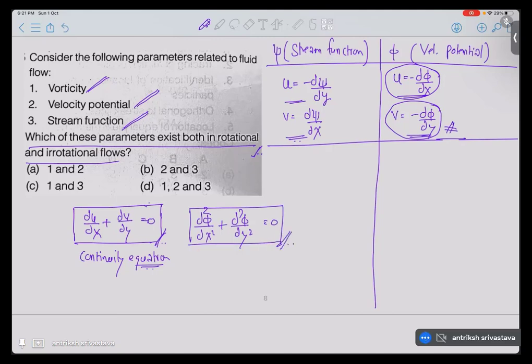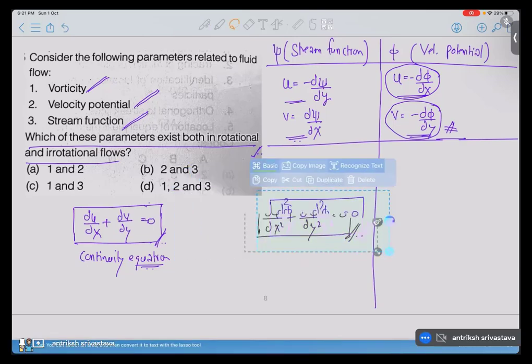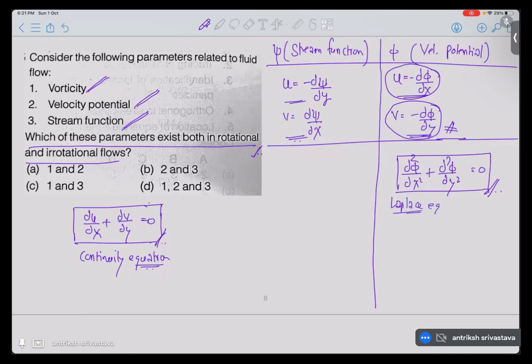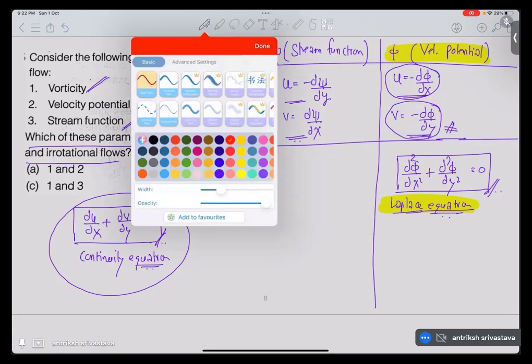Someone has actually mentioned this earlier. This is the Laplace equation. So we can say that if the velocity potential follows the Laplace equation, then the flow exists.